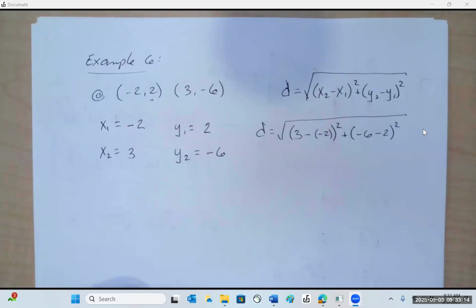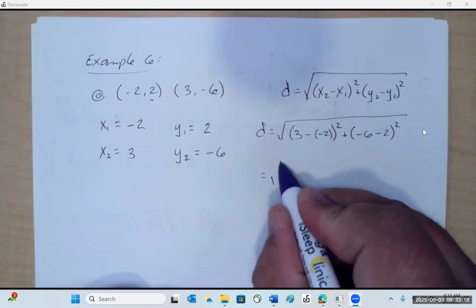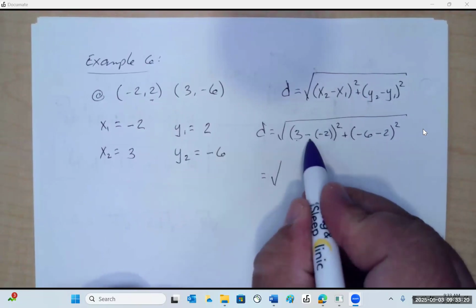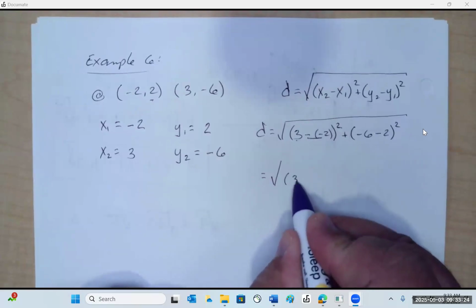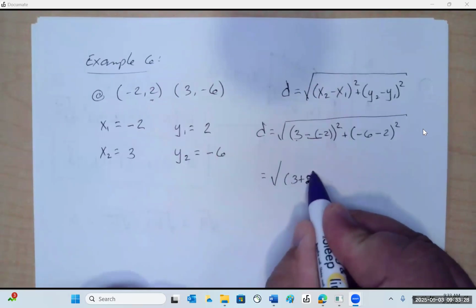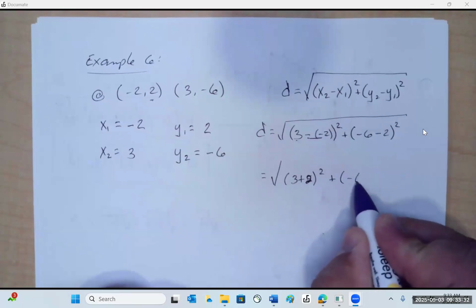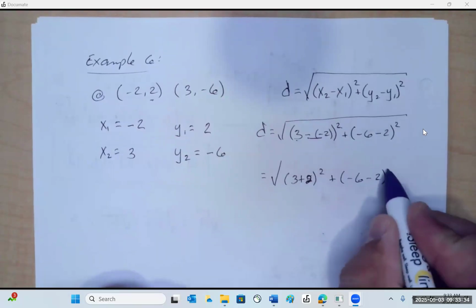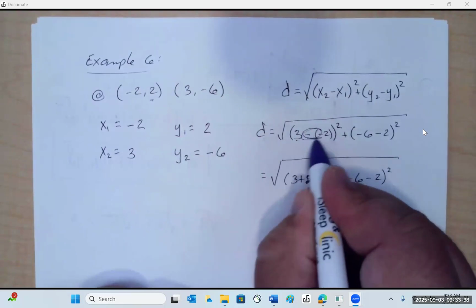Order of operations. In the first parenthesis, we have a negative times a negative. What does that become? It becomes a positive. And there's nothing happening in the second one just yet. So that's the first thing I take care of.